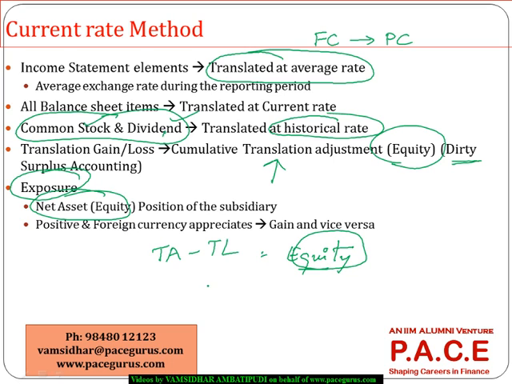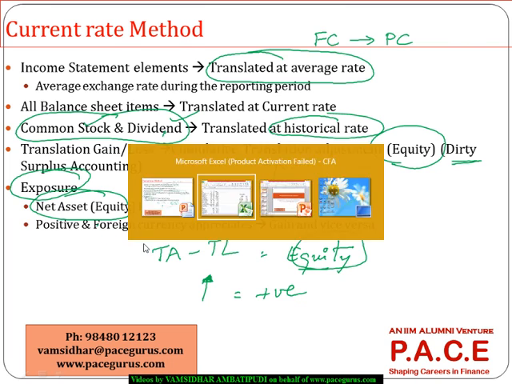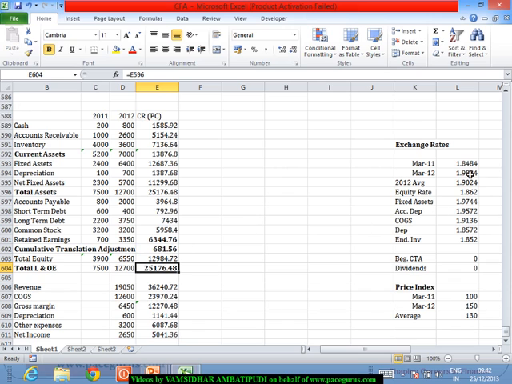So if the domestic currency is appreciating, we see that it is positive. Here, 1 unit of domestic currency was 1.84 and then became 1.98.